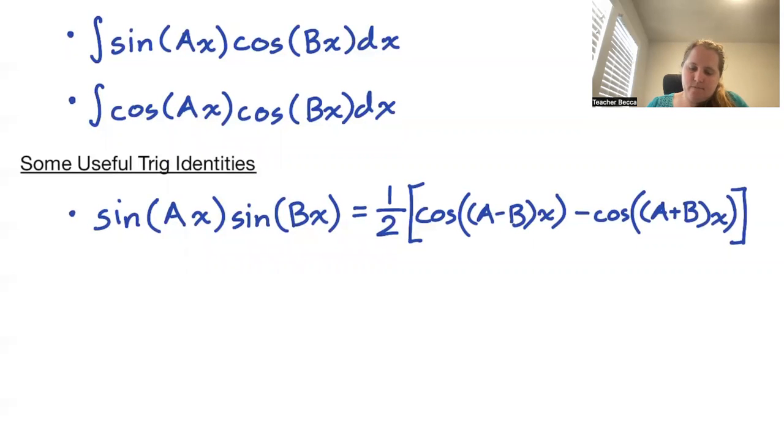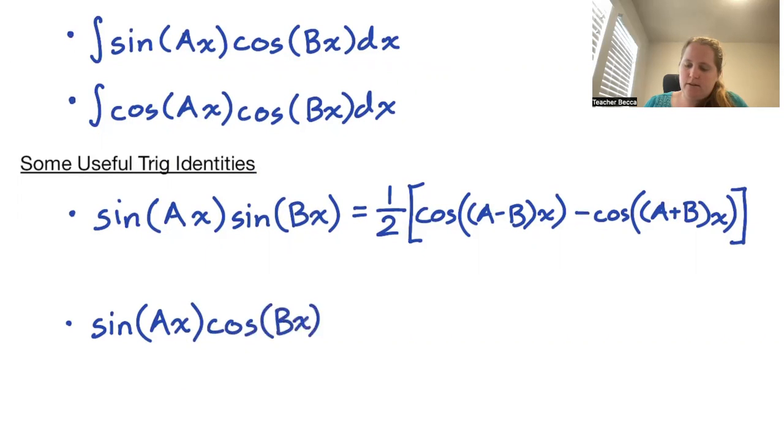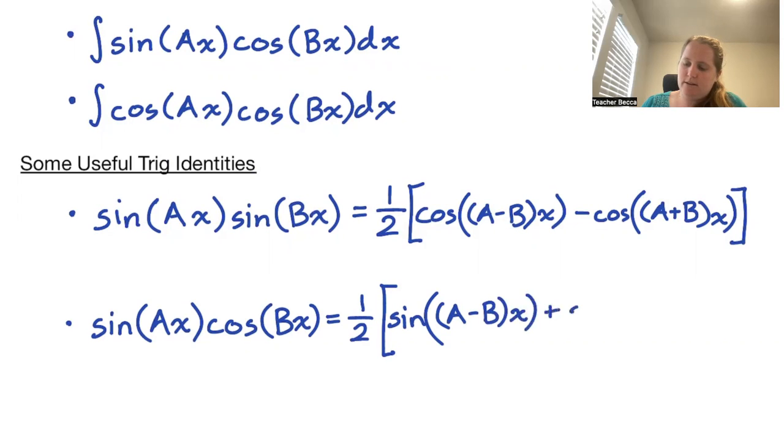Similarly, we have that sine of ax times cosine of bx is equal to 1/2 times, in brackets, sine of (a minus b)x plus sine of (a plus b)x.